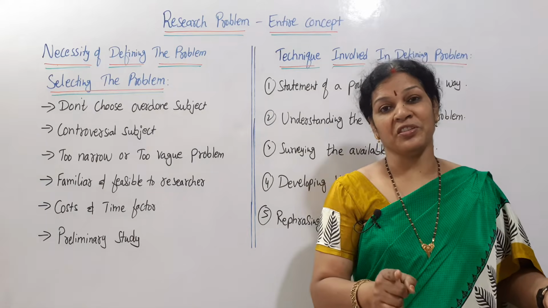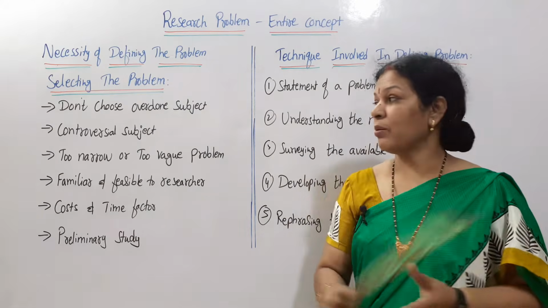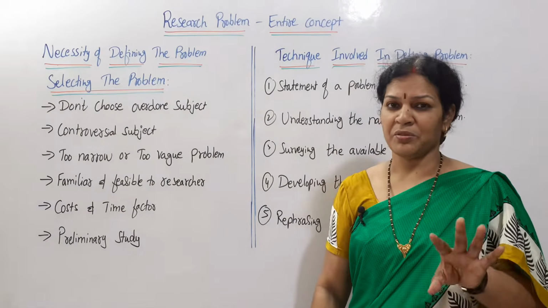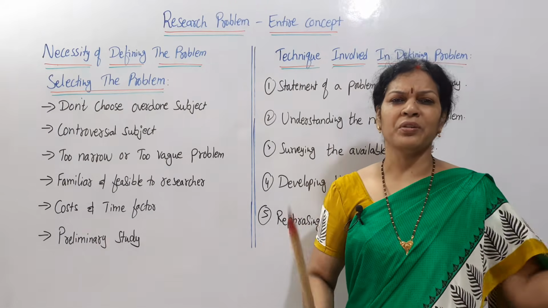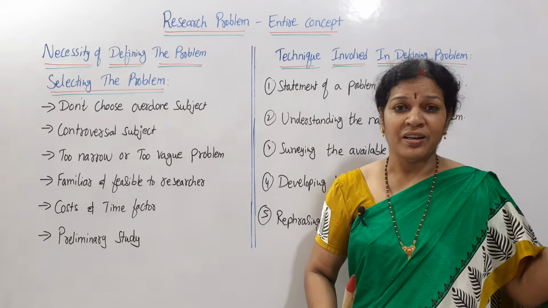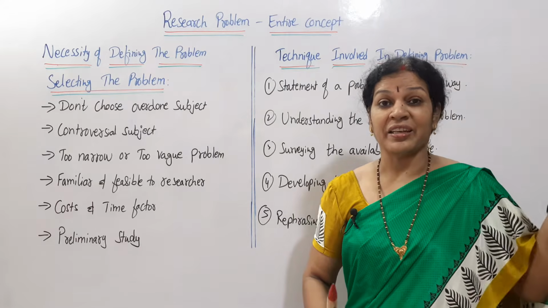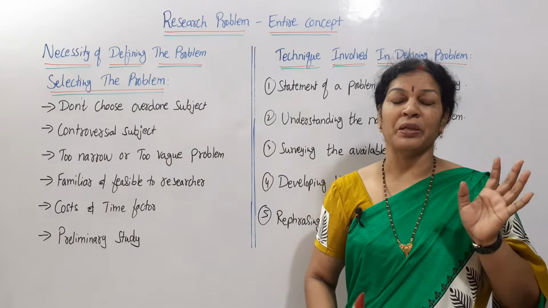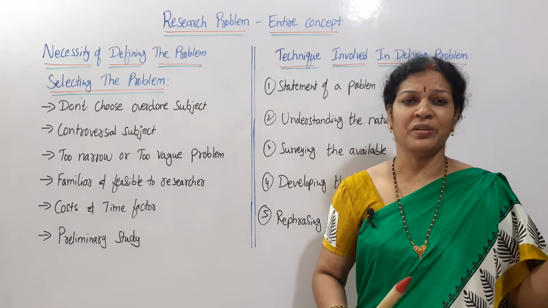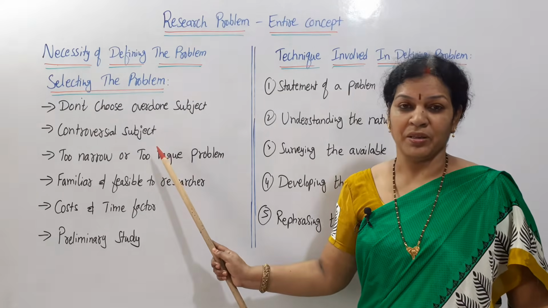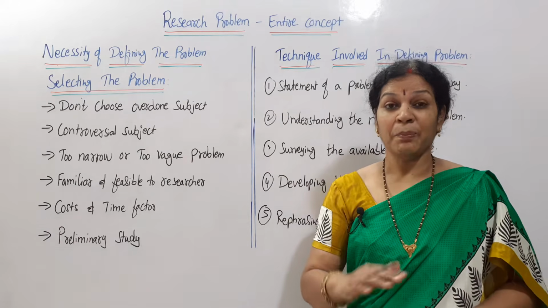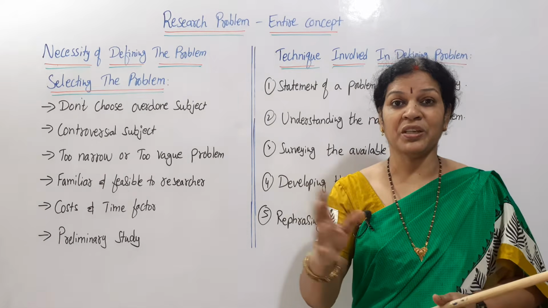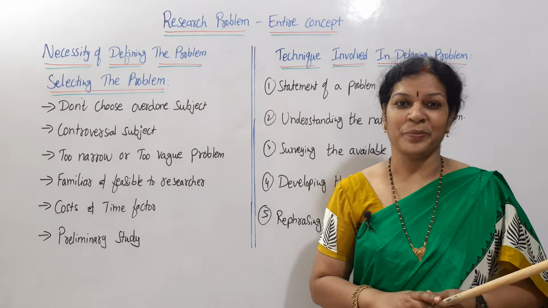Those types of researchers are better off avoiding controversial subjects. A controversial subject can be taken only by experts who have good knowledge. Only those people, extremely expert, can collect the data and complete the work. Otherwise it is not advisable, because if you take any controversial subject, completion of that project, that research, is difficult.